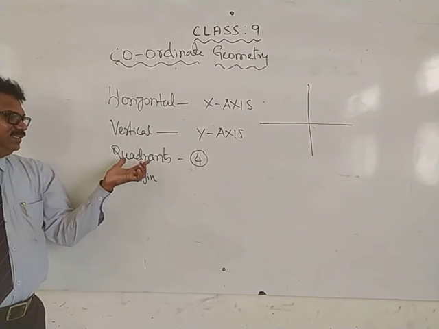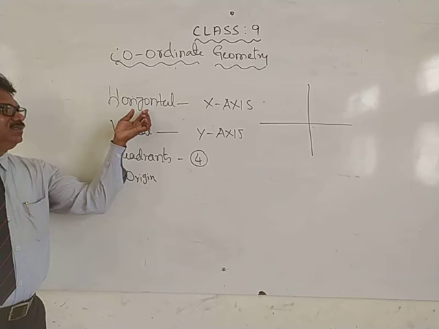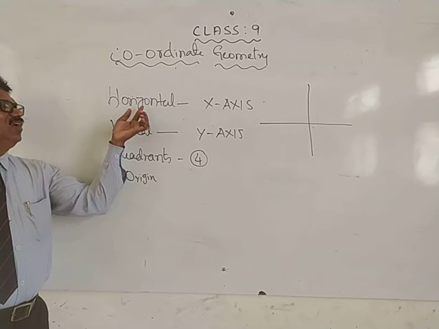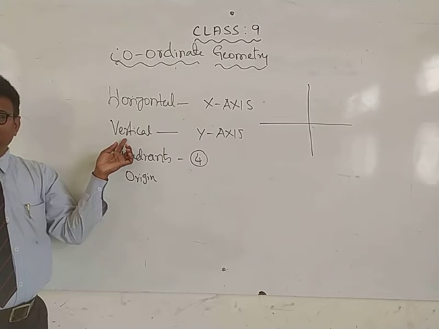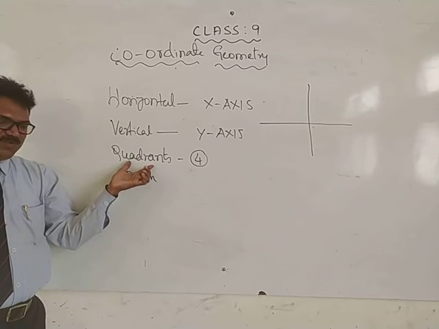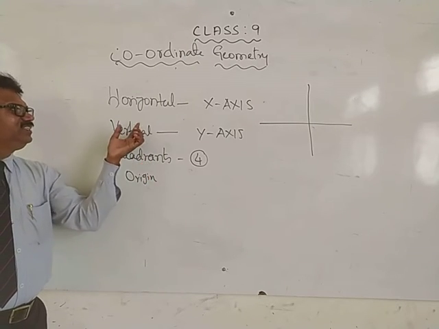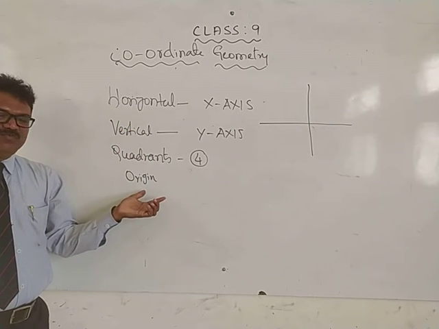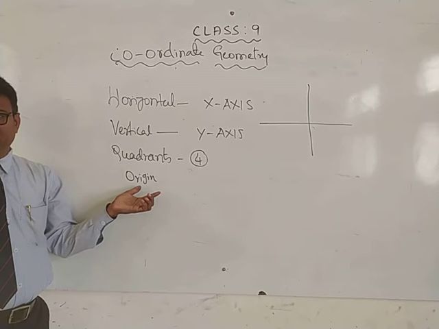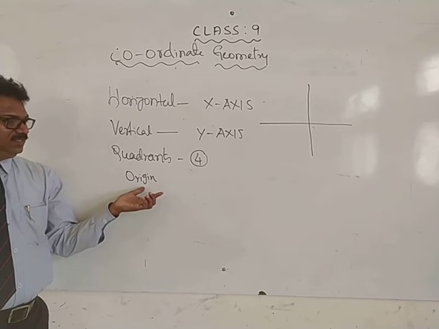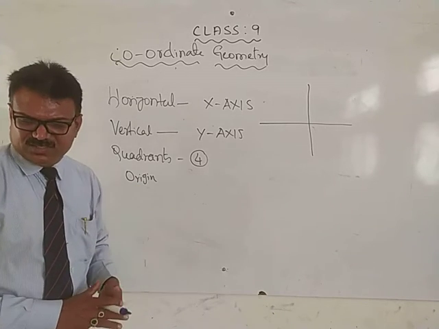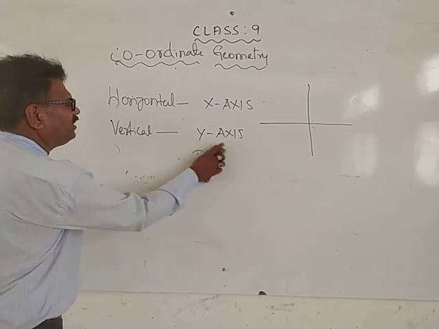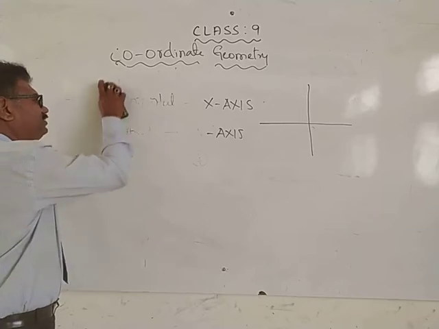Next question: name the 4 parts where horizontal and vertical lines are intersecting. Next, both these horizontal and vertical lines meet at one place. What is that place? Very good. Okay. Three questions he asked. We told. Come to the second main.